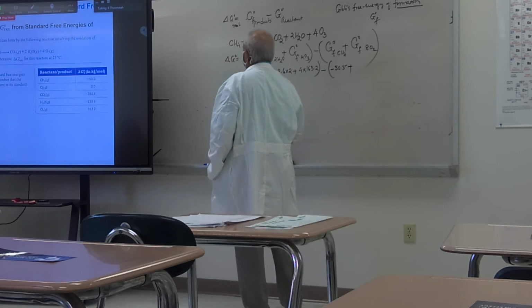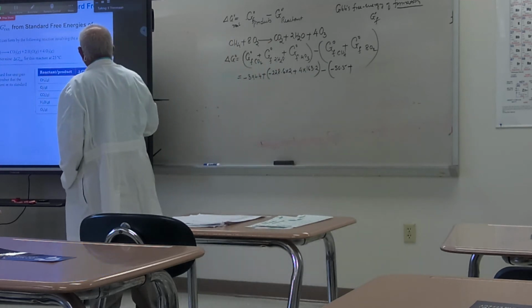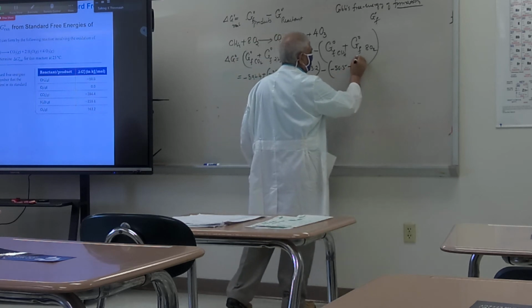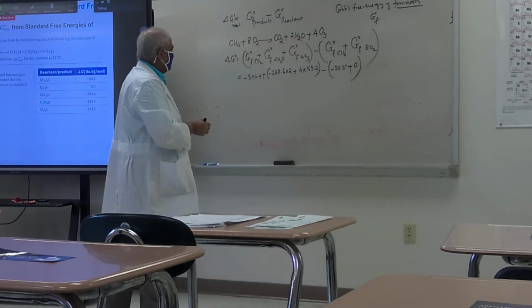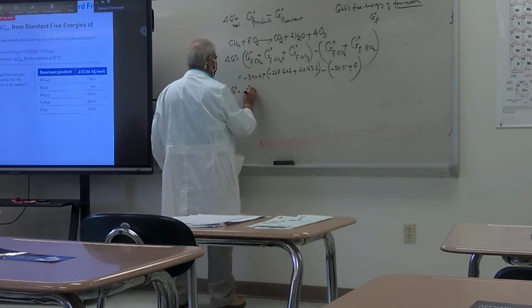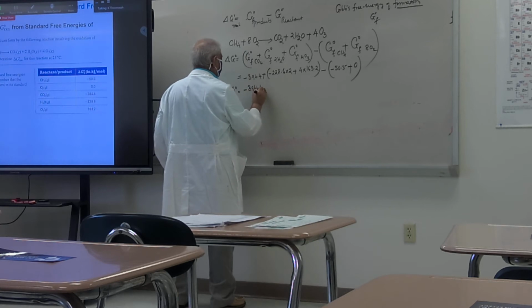Plus what is the G0 of O2? 0, correct? Right? Let's simplify this. This is negative 394.4.